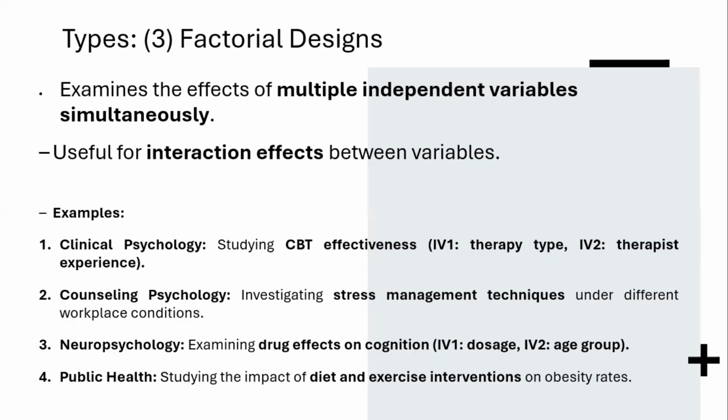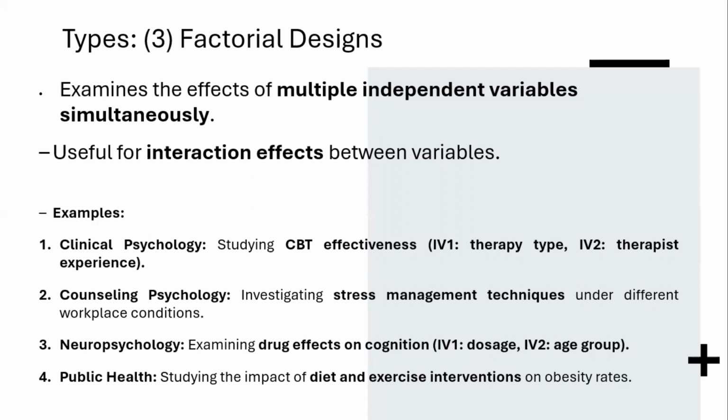We call them factorial designs. So you are manipulating 2 IVs or 3 IVs at the same time, and you want to understand what their interaction effects are. Okay. An example of a factorial design could be what Robinson, you are planning.